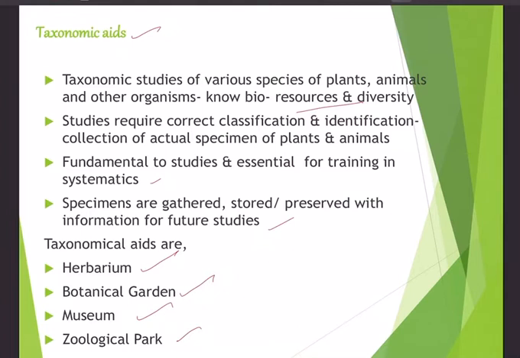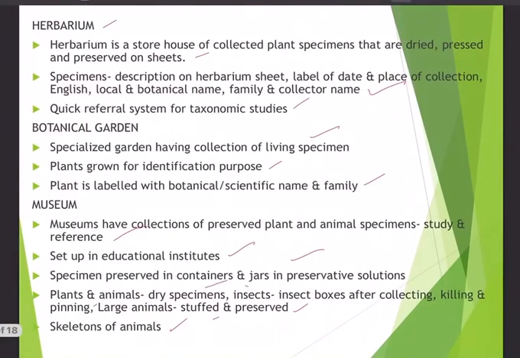After say two weeks you can see the dried leaves, and then stitch it and start writing about its features. So you will have a collection of a variety of leaves. Basically herbarium is a storehouse of collected plant specimens that are dried, pressed and preserved on sheets.